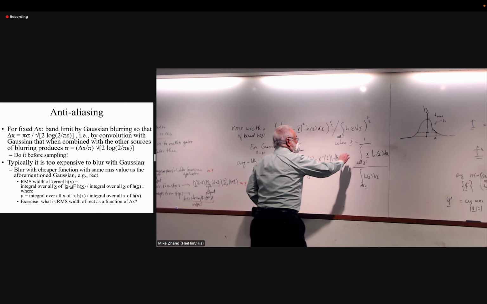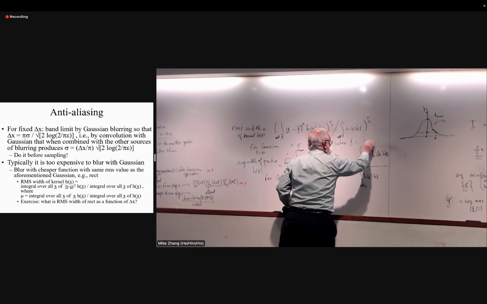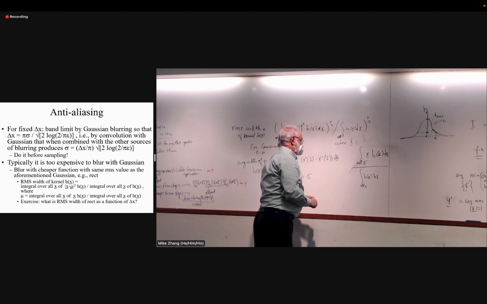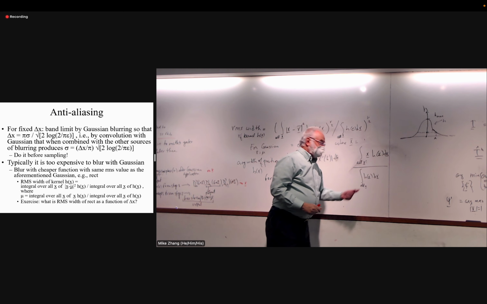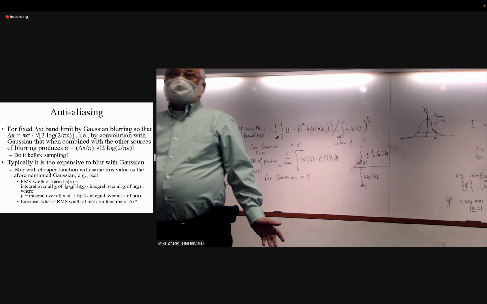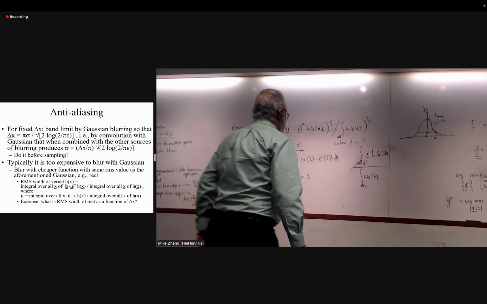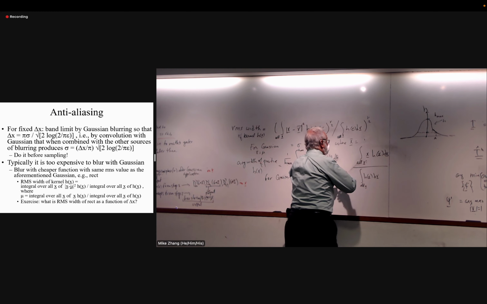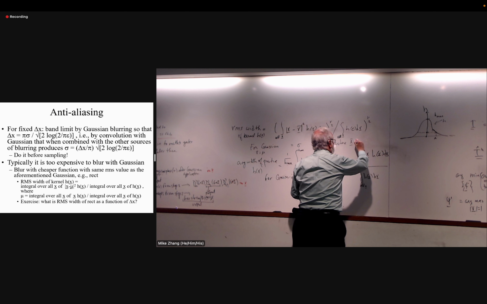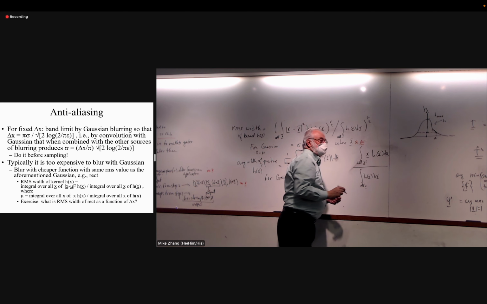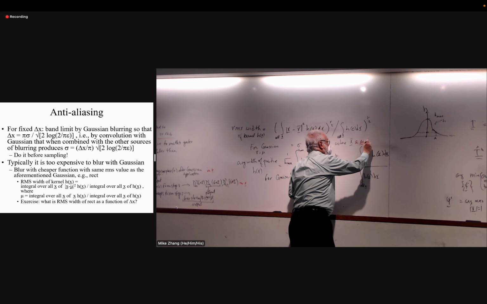But since h may not have unit integral, you have to divide by the integral of h. If h has unit integral, you don't have to do that denominator. Okay? So this is x bar, also sometimes called mu.